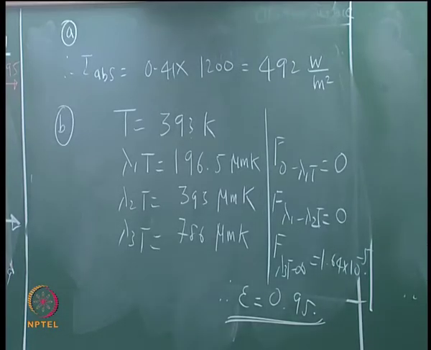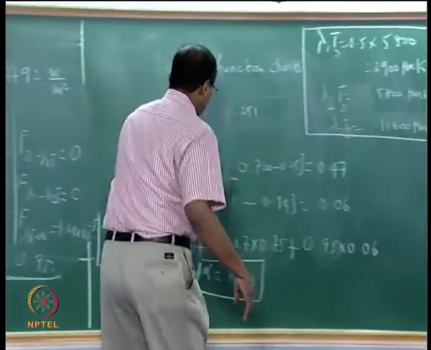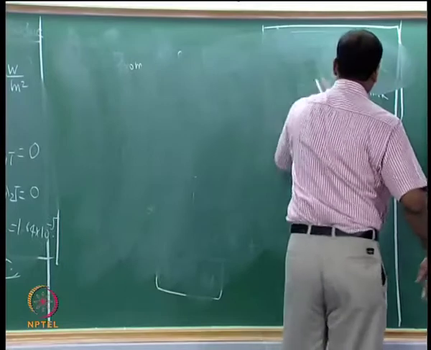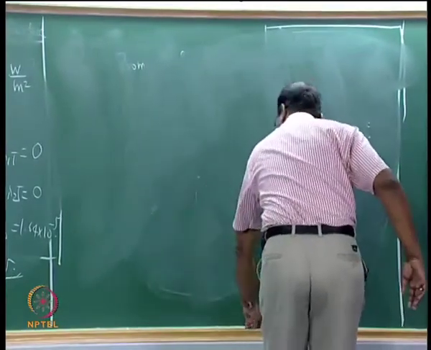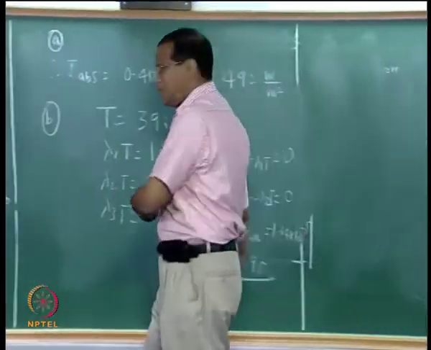Correct? Now I think we are getting more comfortable in evaluating the properties. Fine. Now we know the emissivity also. So what is the net radiation? I asked emitted power. Okay.